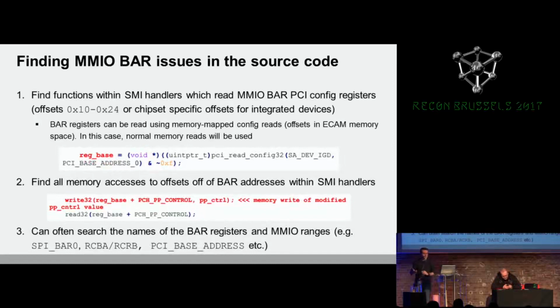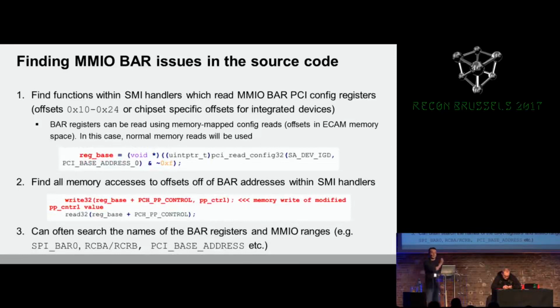Sometimes in the source code, obviously, the developers are naming the bars with their names as they defined in the platform specs or chipset specs or SoC specs. So, for example, on Intel systems, you can find those accesses for most of the bars by their names, either RCBA or SPI bar, SPI MMIO or PCI-based address, and so on.